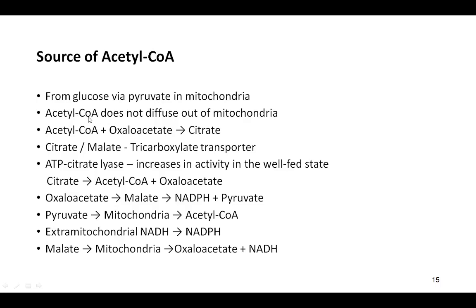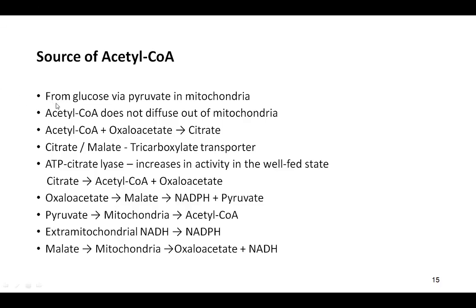But this acetyl coenzyme A which forms in the mitochondria is needed in the cytosol for fatty acid biosynthesis, right? But it cannot directly diffuse out of the mitochondria. So it first forms some other product. Ultimately, that product goes out of the mitochondria, and in the cytosol that product is converted again to acetyl coenzyme A, and then it gets utilized.